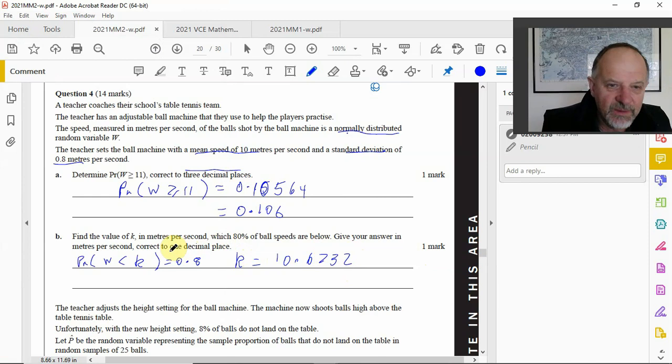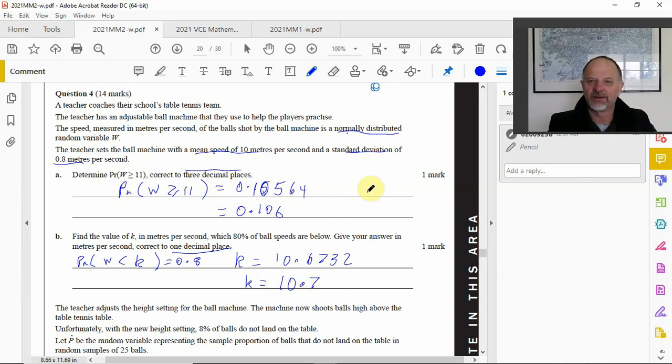In this case, we want 1 decimal place, so we need to round up to 10.7. As I said, make sure you round correctly. If you don't round correctly, you get nothing for those two.